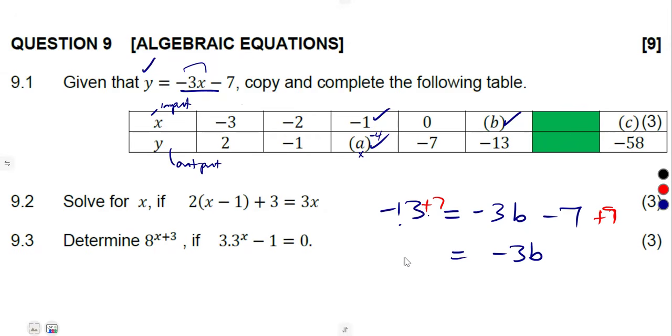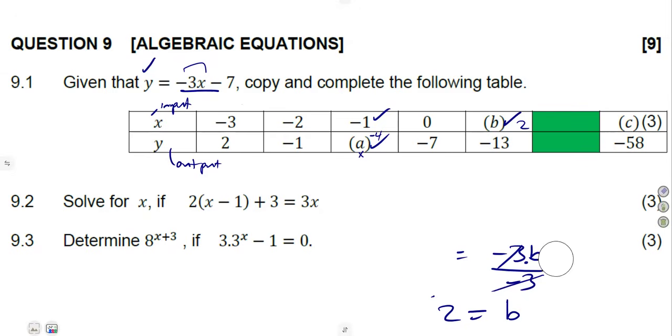That was going to give us negative 6. If we are to simplify this, divide by negative 3 to get rid of this negative 3 so that we can obtain our b. That was going to be 6 divided by 3, which is 2. So our b there was going to be 2.